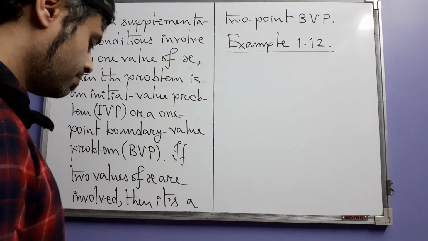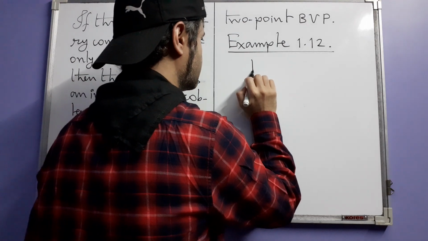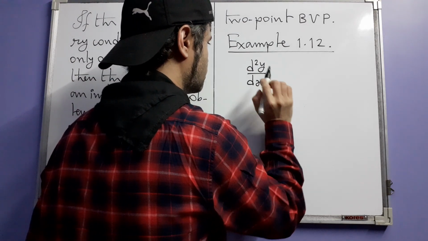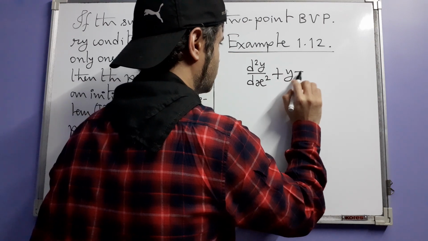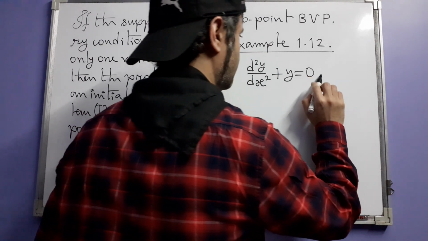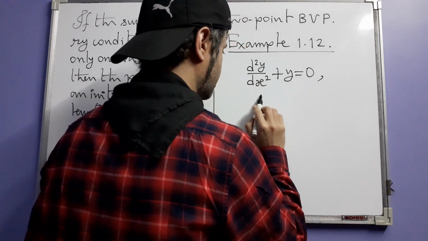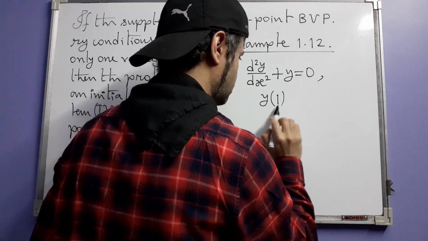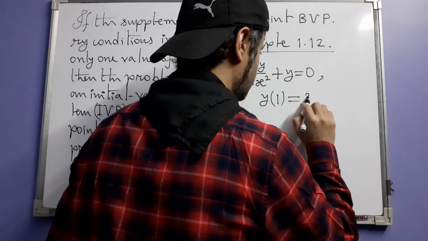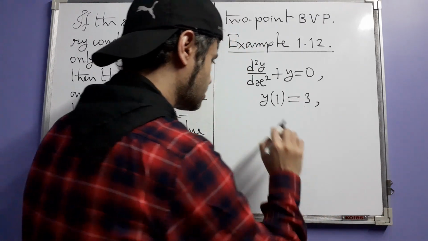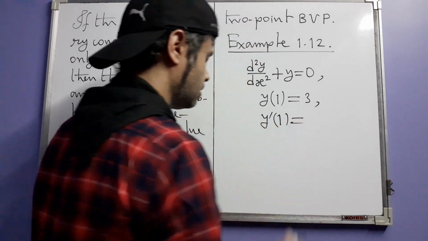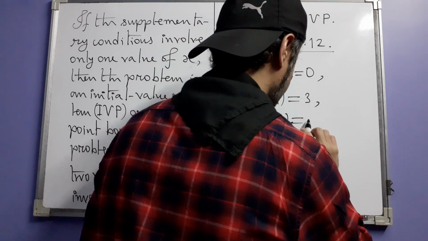In this example, the differential equation is this. It's a second order equation, linear, and you see two supplementary conditions. One of them is y of 1 equal to 3, and the other one is the derivative of y at 1 is equal to -4.